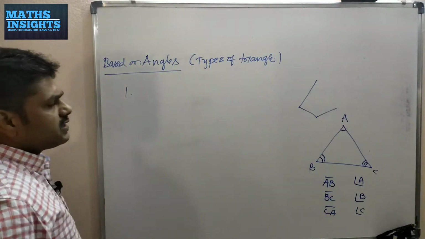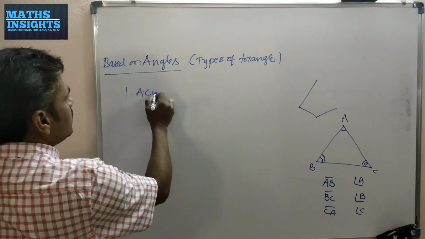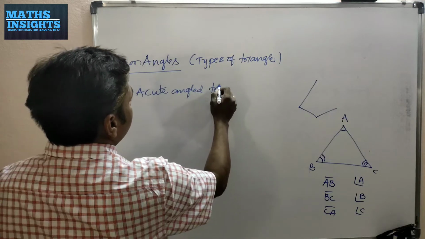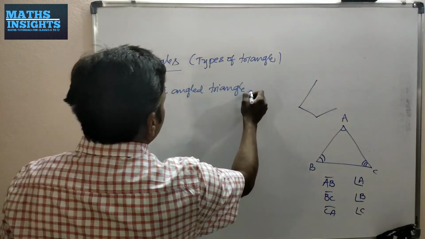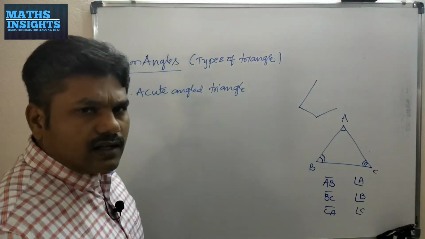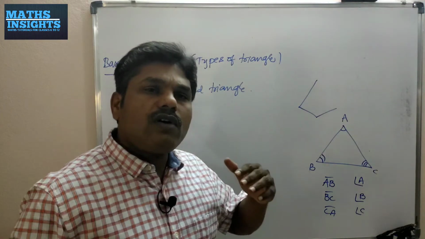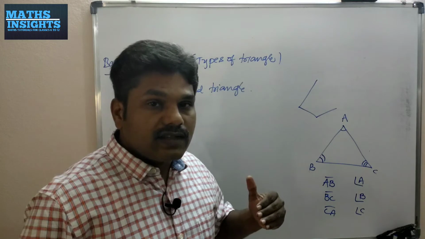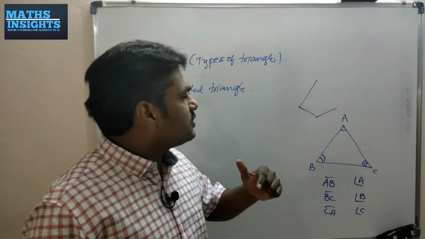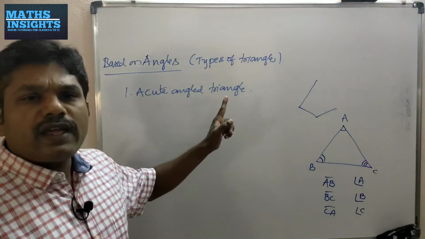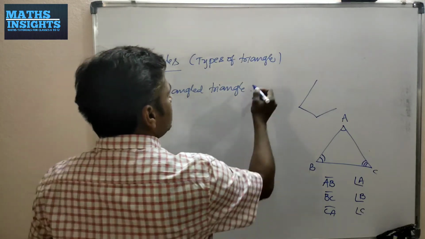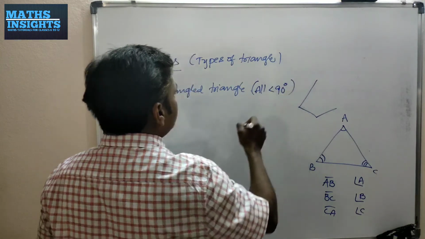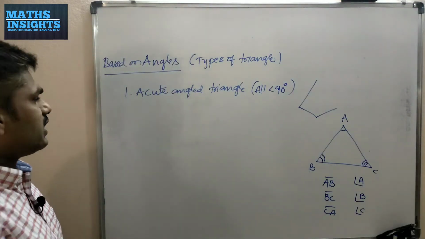The first one is acute angled triangle. In any triangle, if all angles are less than 90 degrees, then that type of triangle is said to be acute angle triangle. So you may write all should be less than 90. That is said to be acute angle triangle.